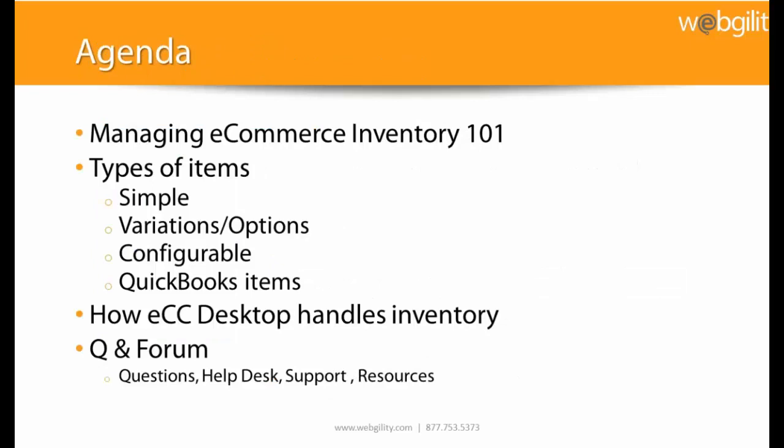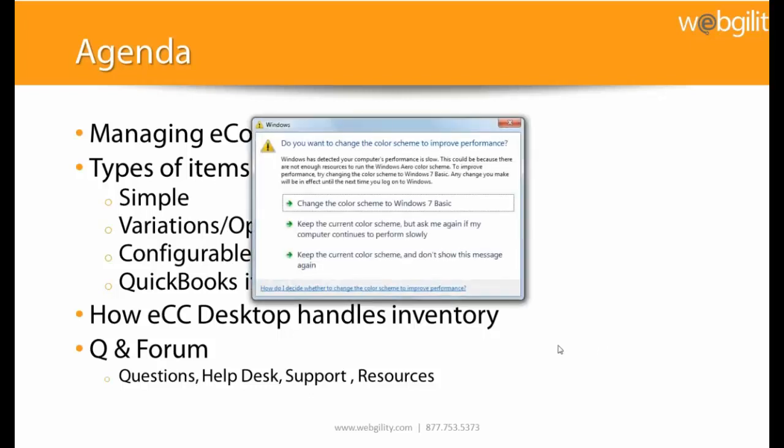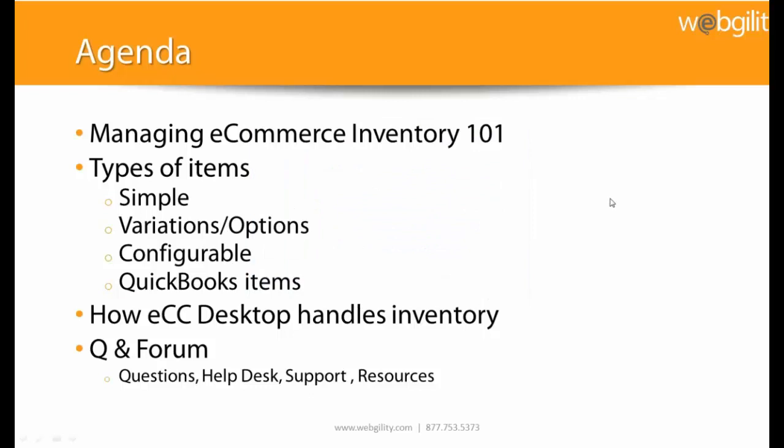So the agenda for today. The first thing I want to talk about is managing e-commerce inventory 101. These are just things you should know about managing inventory within an e-commerce space. Then I'll go into the types of items. You may hear the terminology kind of thrown around: simple item, variation, option, configurable products.